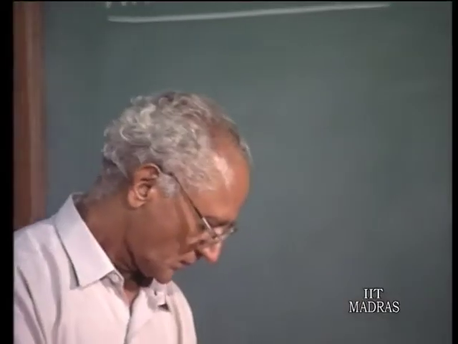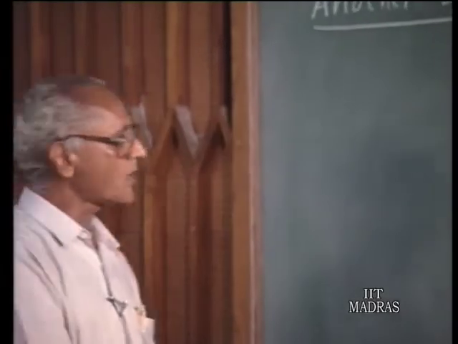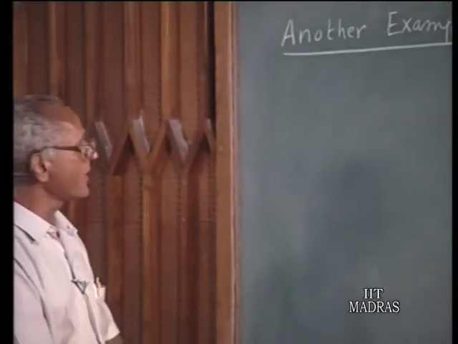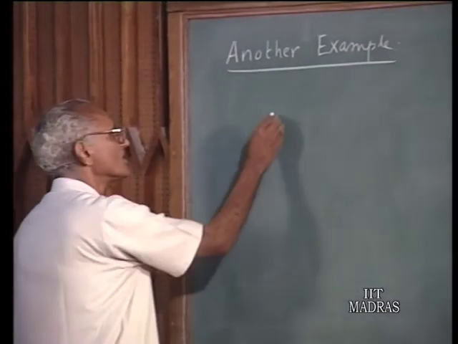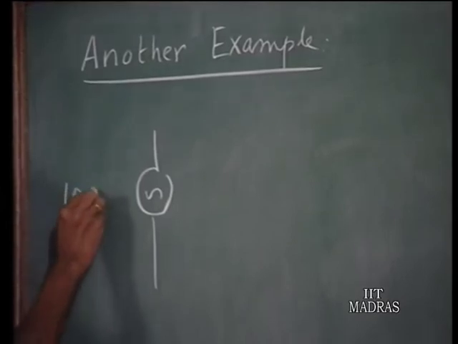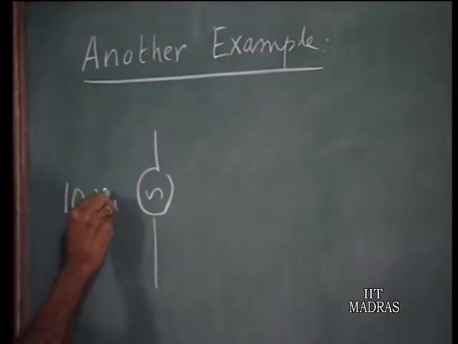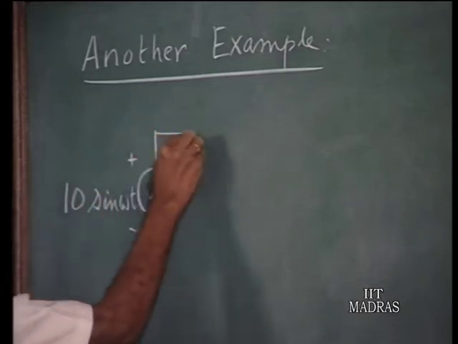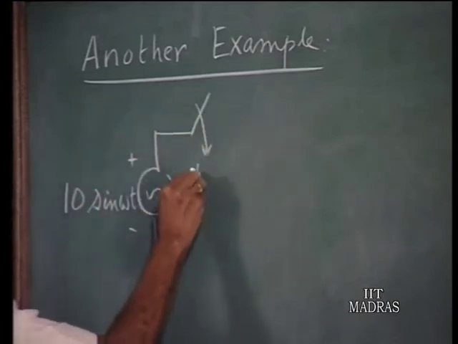Let us now consider another example in which the Laplace transform technique is applied to a circuit containing sinusoidal sources. You have a sinusoidal voltage source of 10 sin omega t as the voltage, and the switch is closed at t equals 0.